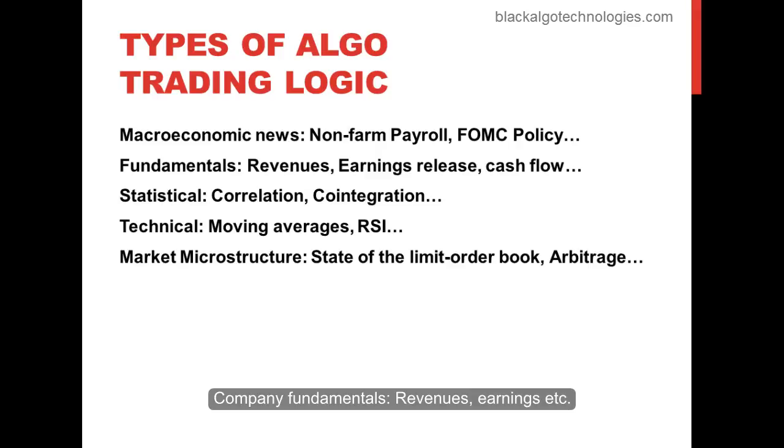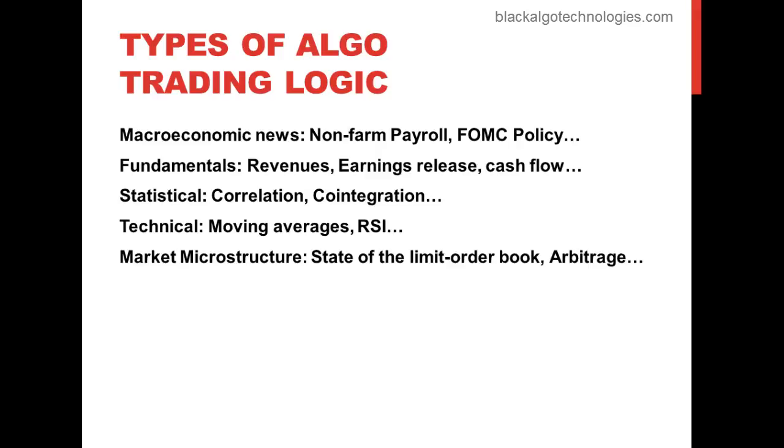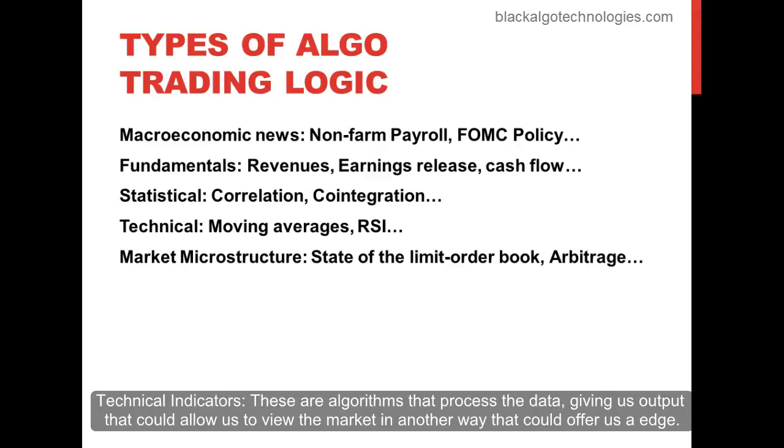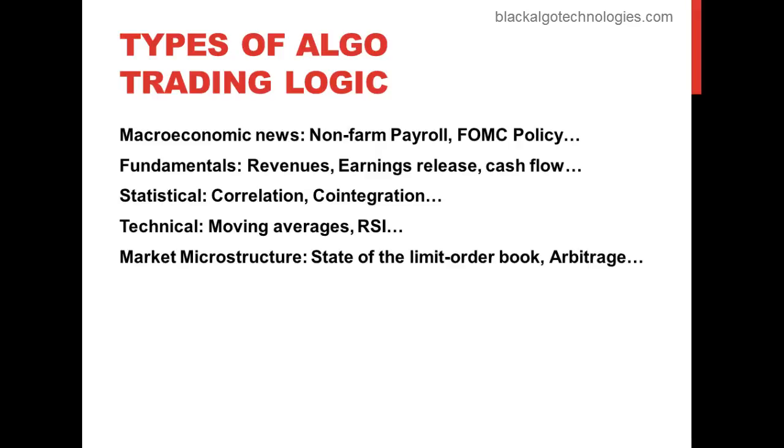Company fundamentals, revenues, earnings, etc. Or we could use statistical methods like correlation, mean reversion, co-integration, etc. Technical indicators. Technical indicators are algorithms that process the data, giving us output that could allow us to view the market in another way that offers us an edge.